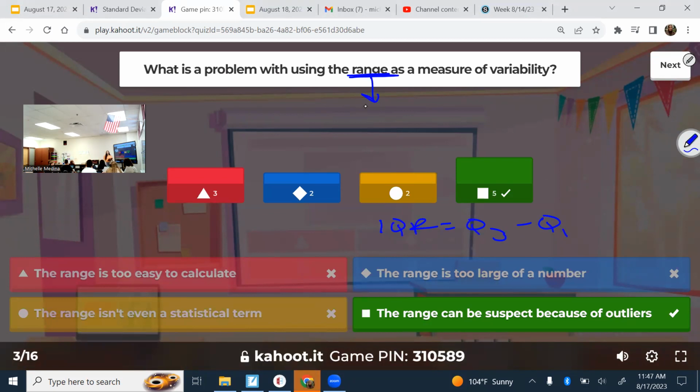Similar to IQR, but it's not just the quartiles. Yes. Good, so normal range is maximum minus your minimum. And that's why it's not exactly the best measure of variability all the time, because say we have this data.